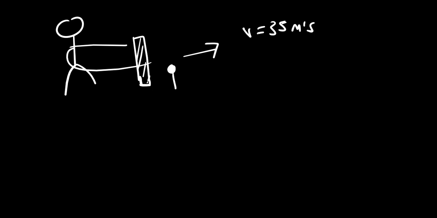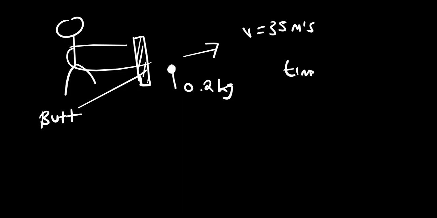Let's say the mass of this ball is about 0.2 kg, and this is the bat for hitting the ball. And let's say the time of contact between the ball and the bat is 0.2 seconds.